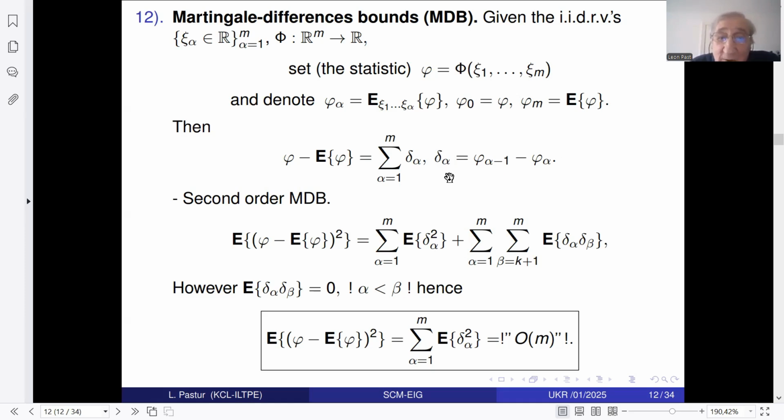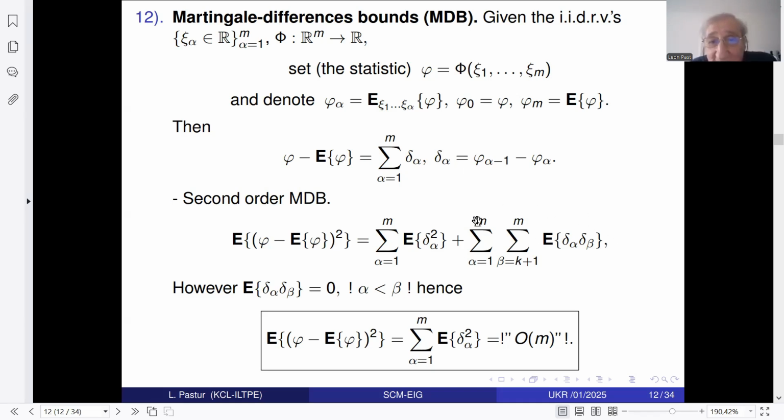Yes, and now let's take the second moment of this equality. So what I do, I apply expectation of the square to this identity, and of course, this is written like that.